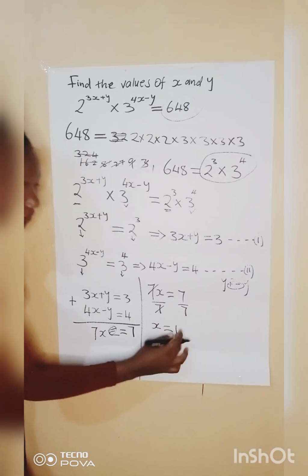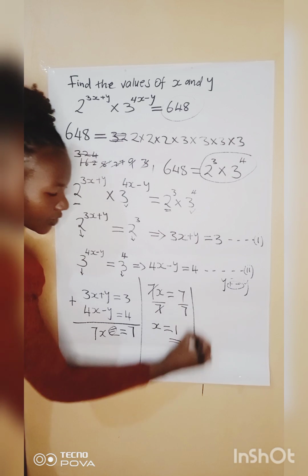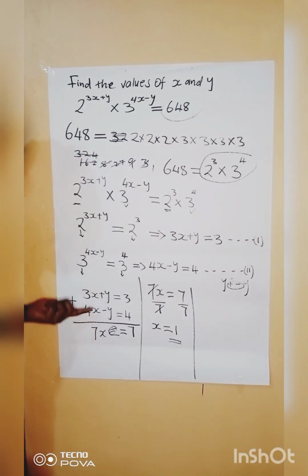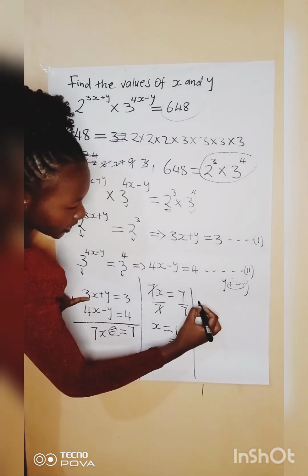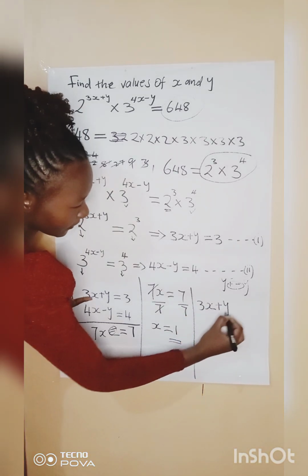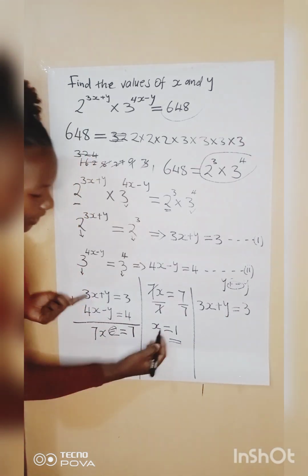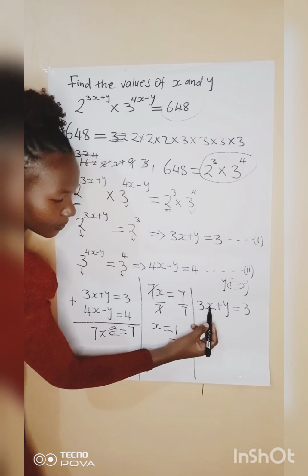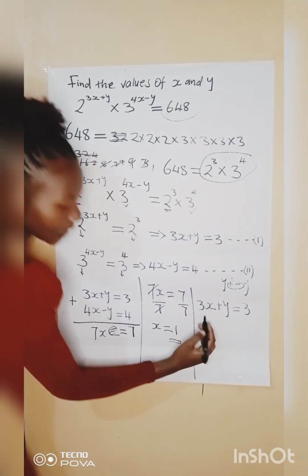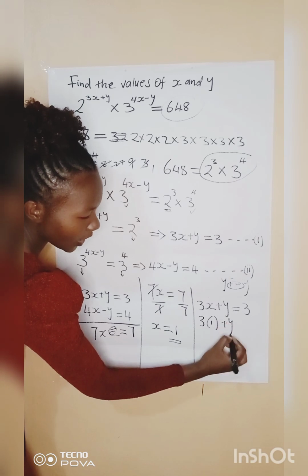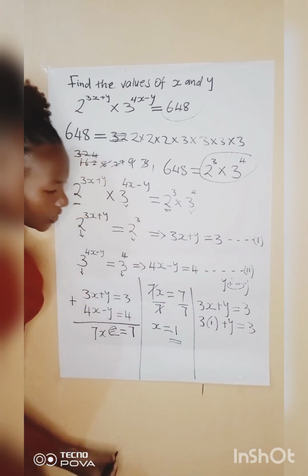Now we already have the value of x. If you want to get the value of y, you just come back here and pick one of the equations. I'll pick the first one, which is 3x plus y equals 3. Where there is x, I put 1. So this one is same as 3 times x. If I put 1 here, it will be 3 times 1. Then plus y giving us 3.